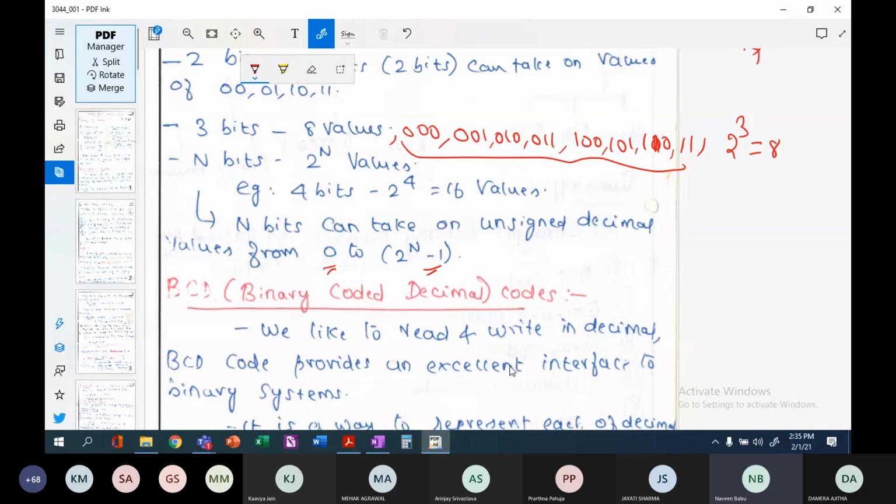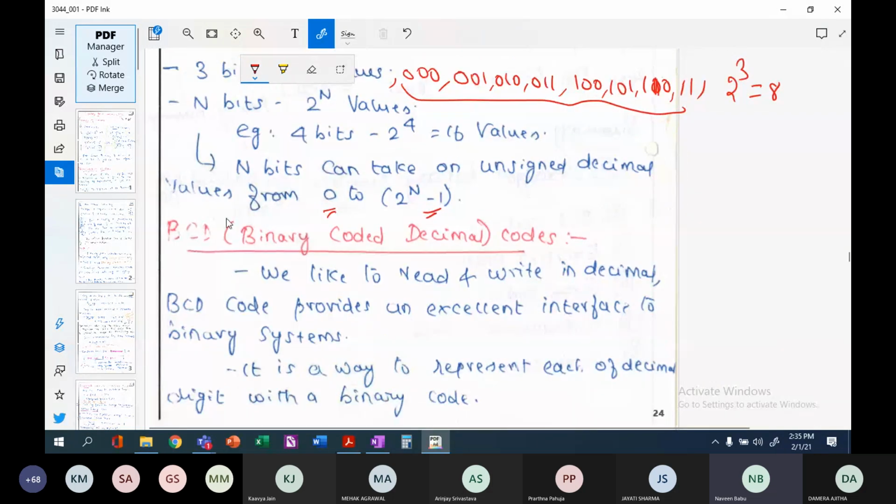As the name implies, binary coded decimal, a decimal number here is being coded with a binary value. BCD code provided an excellent interface between the decimal system and the binary system.